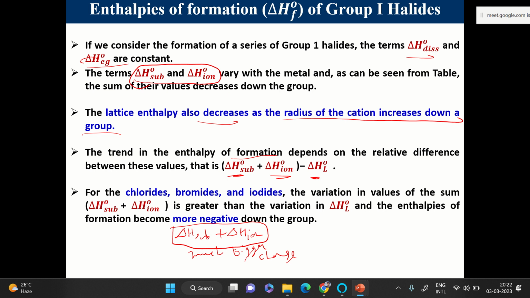And if this change is bigger than the change in delta H lattice, so as compared to this, there is less change in the lattice energy.